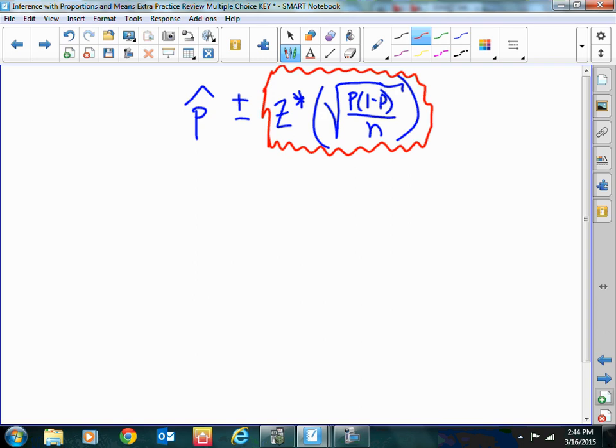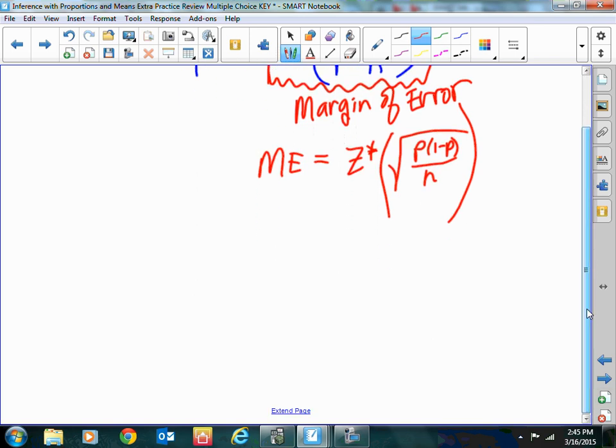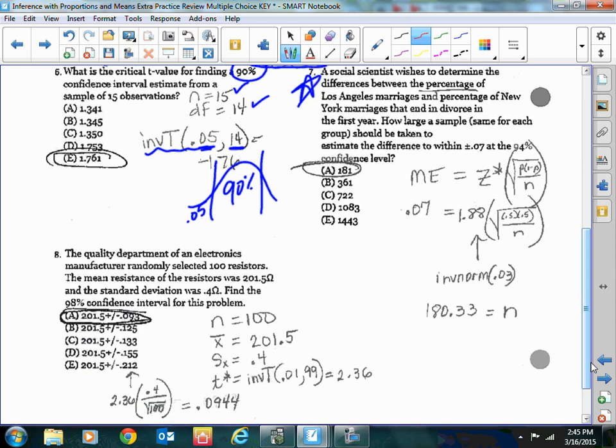Okay, that's the critical thing. This is the margin of error. So you can make an equation from this stuff in red, and you can say the margin of error equals the critical value times this standard deviation.